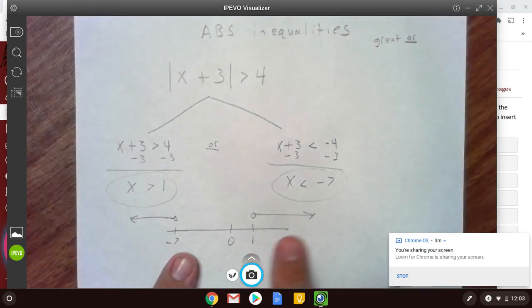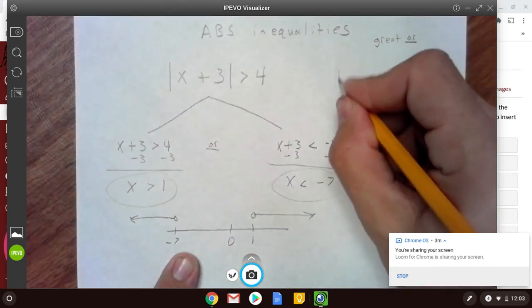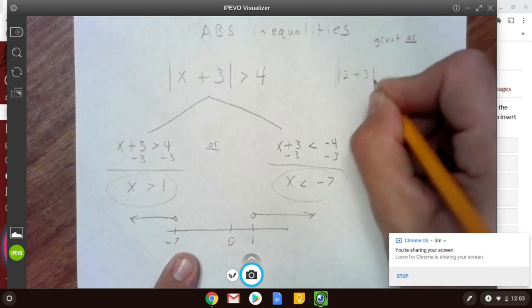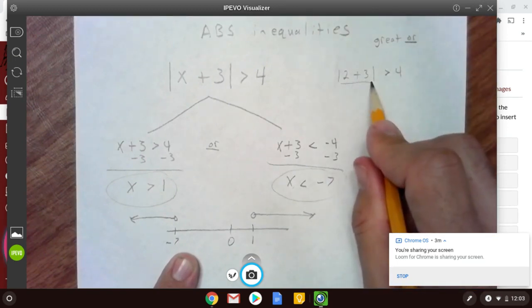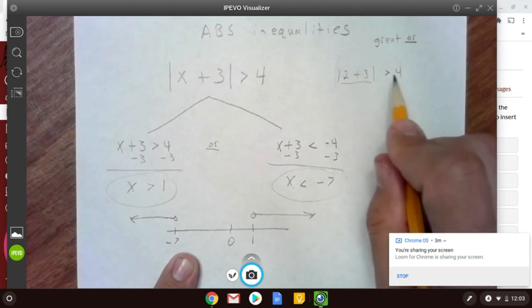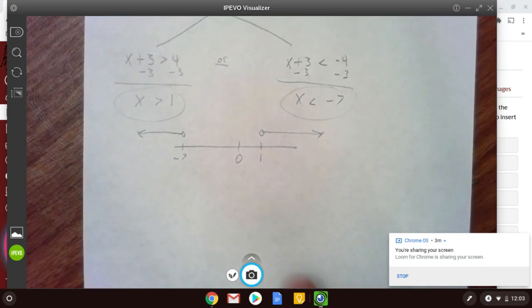So if we plugged in +2 or +3, that would satisfy this. Like if we plugged in +2 for x, it'd be 2 plus 3 is greater than 4, and this is equal to 5, and the absolute value of 5 is greater than 4. I also want you to write your answers in interval notation here.